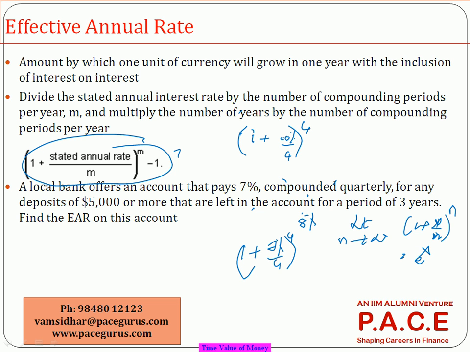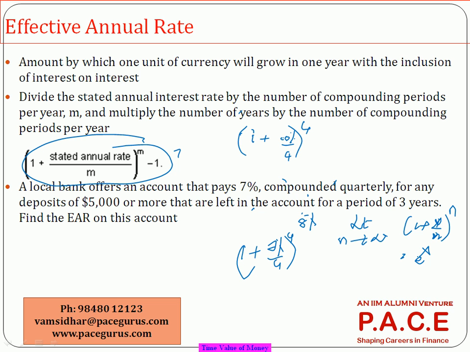Even in our case right now, 1 plus 10% by a very large value to the power large value, 1 plus r by 365 to the power 365, 1 plus r by 3000 to the power 3000. So this is the same format that is coming out.